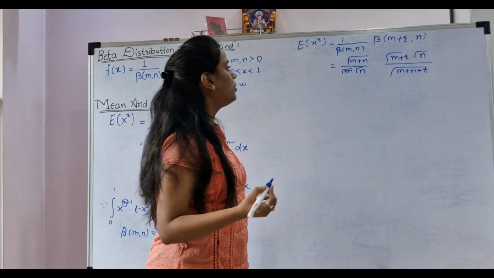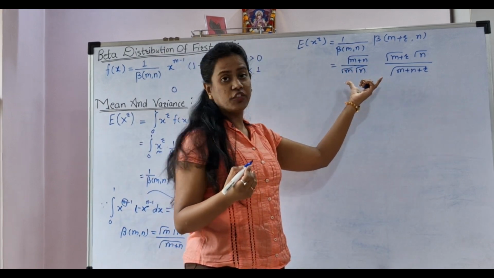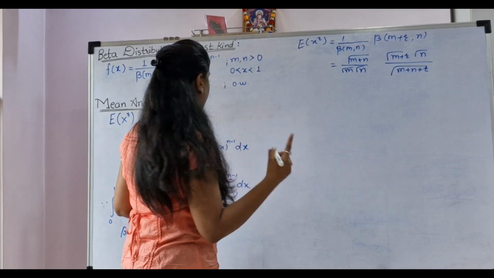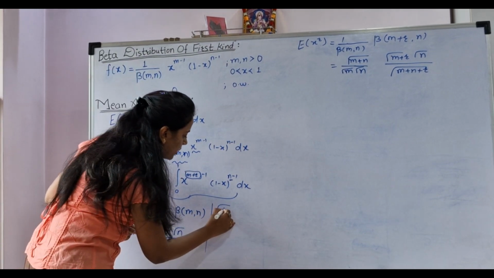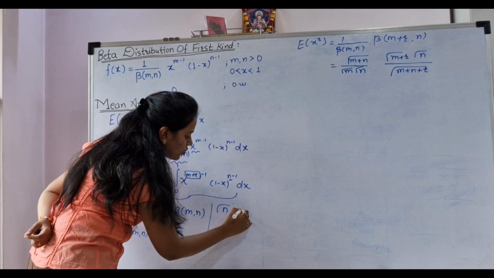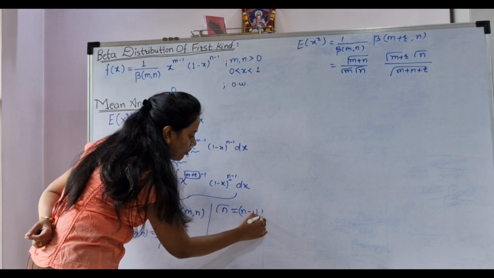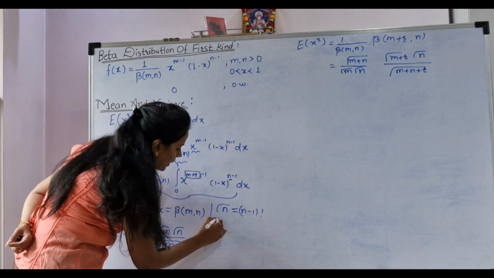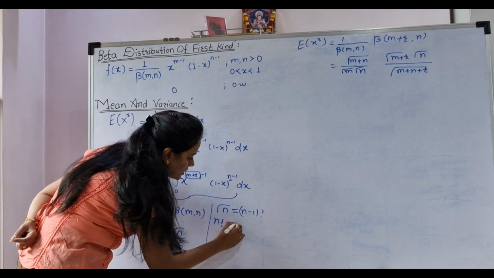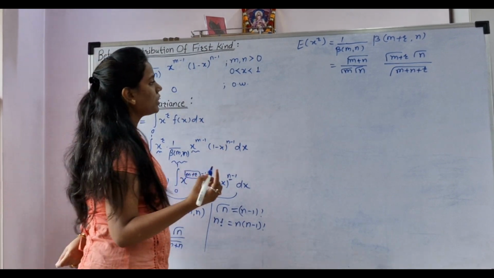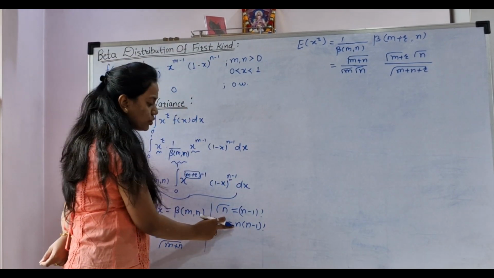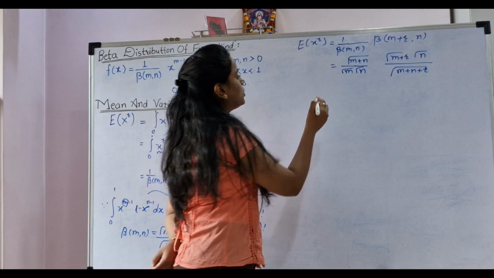Right? So now we can solve it further. What will we get? We have used one more result: gamma n is n minus 1 factorial, right? And n factorial is nothing but n into n minus 1 factorial, right? So now these two results again we are going to use here.